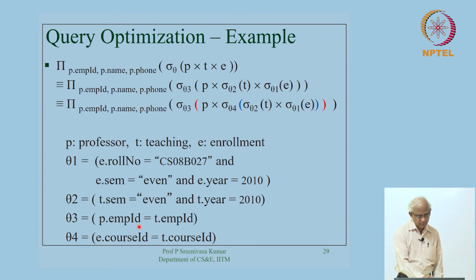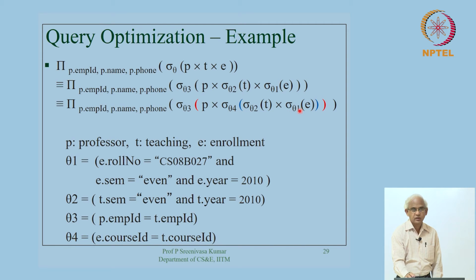So having done that, I now realize that this portion of the expression has E and T, and so any condition that is involving E and T can be pushed all the way up to this sub expression, right. So that is what I will do. Theta 4 is having to do with E and T. So I will take theta 4 and push it all the way up to here. So I have a new bracket now, sigma theta 4 here, and then I apply it to this one.